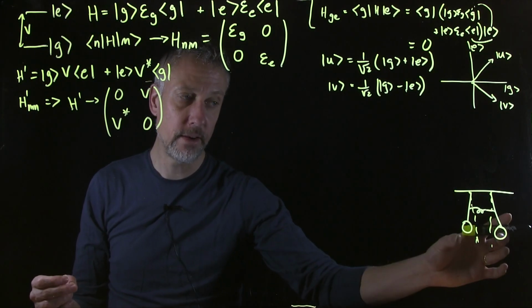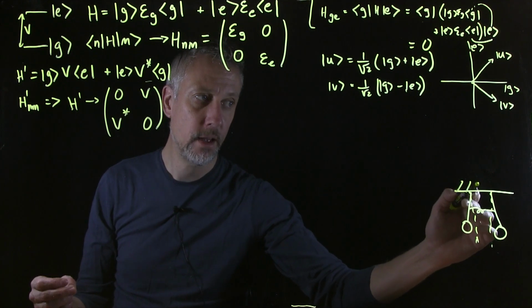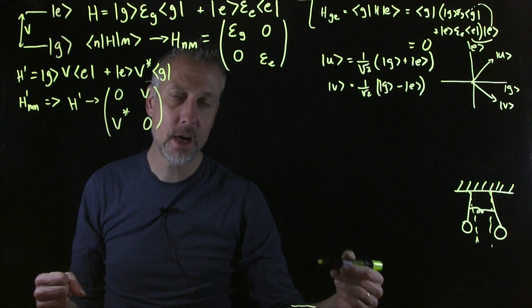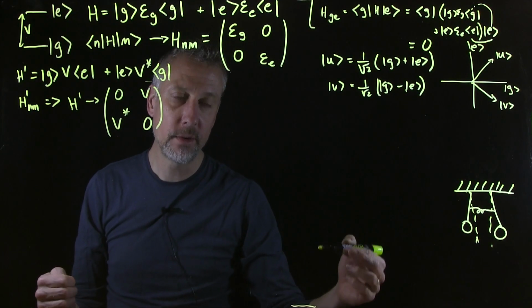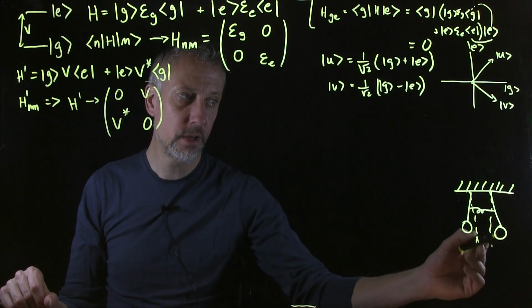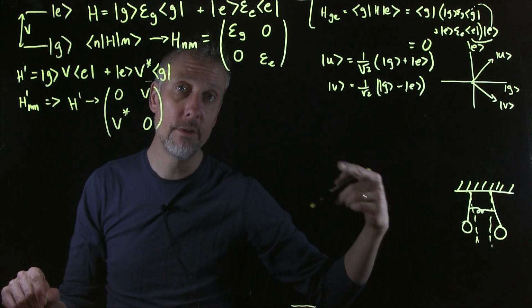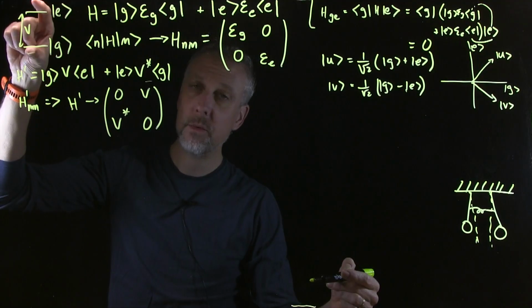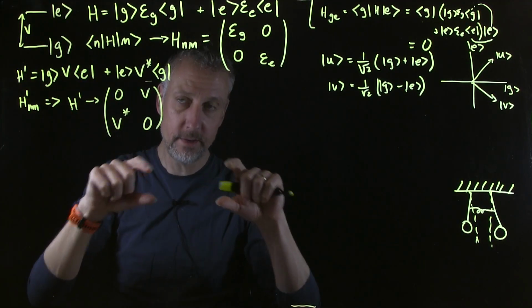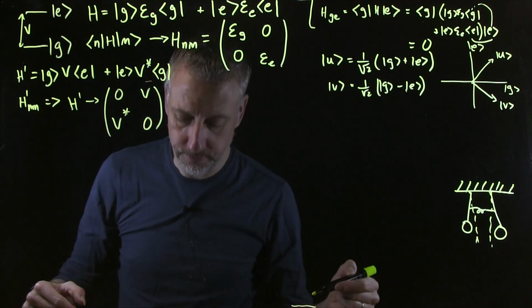Now it turns out this will be exactly like the kind of coupling that you have in molecular vibrations. It's similar to the coupling that you have in spins. It's also similar to the coupling that you have with multiple electronic systems. So this picture here is going to come back over and over and over again. We're starting out now with just 2 states, but later on we'll pick 2 sets of states, and then we'll be able to do coupling between those.